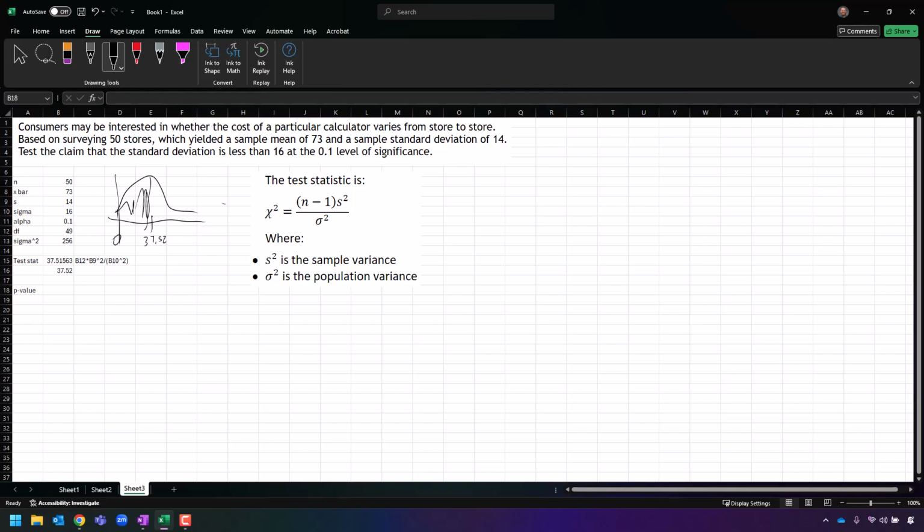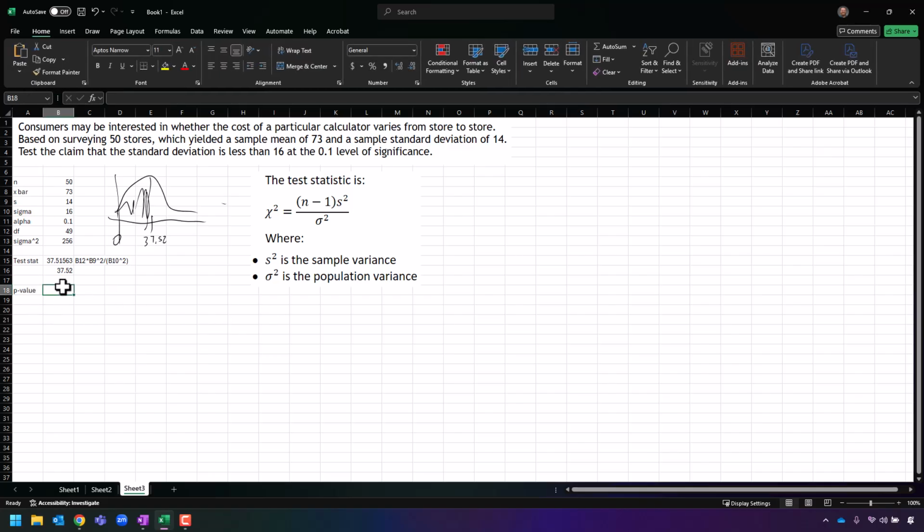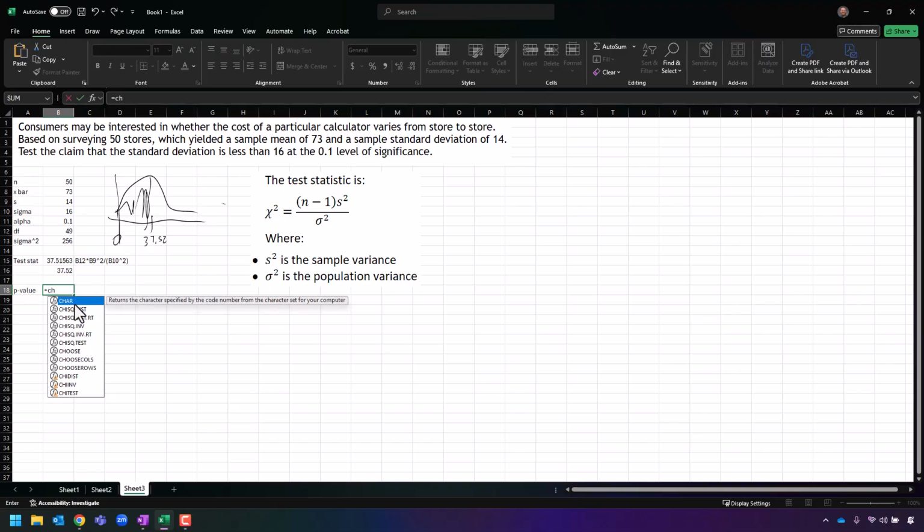Remember, we have 0 here as the start for our chi-squared distribution. I know a sloppy picture there, but the p-value is going to be the area to the left, so I'll do a chi-squared distribution function, put in my test statistic. Notice I'm going to use the unrounded one, the degrees of freedom.